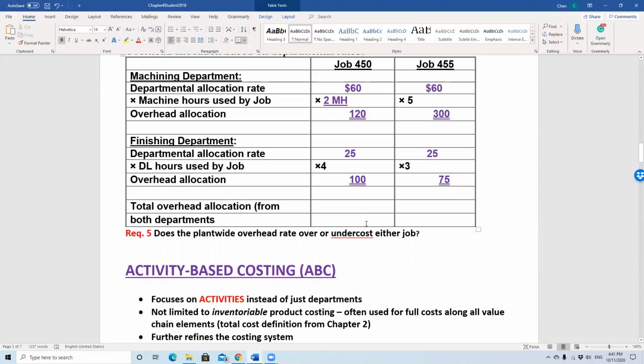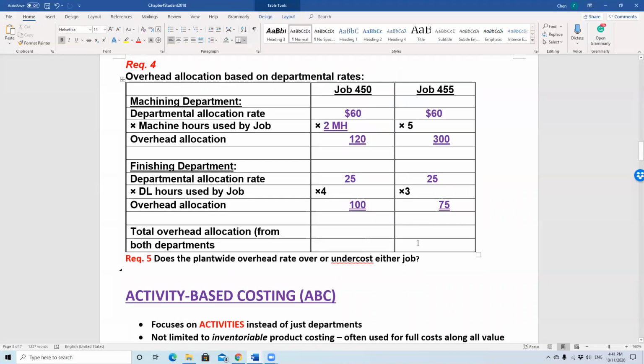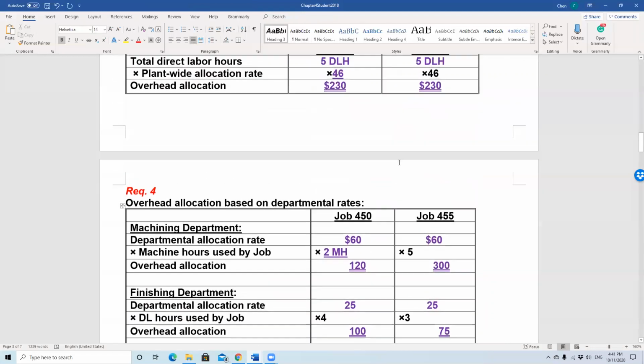And then the total overhead allocation for job 450 is 220, which is a total of 120 and 100. And the total overhead allocation for job 455 is 375.